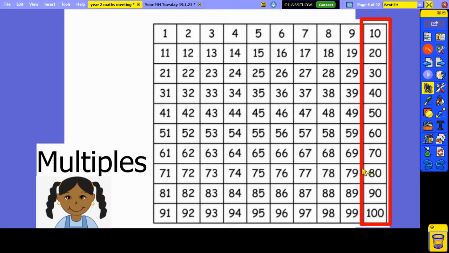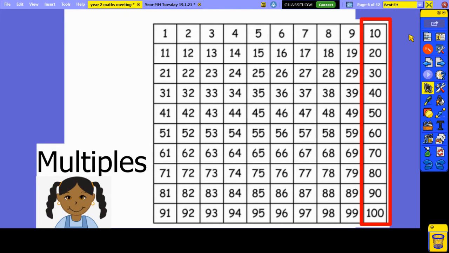Multiples. I've highlighted the multiples of 10. Can you count with me? 10, 20, 30, 40, 50, 60, 70, 80, 90, 100. Let's count backwards. 100, 90, 80, 70, 60, 50, 40, 30, 20, 10, 0.